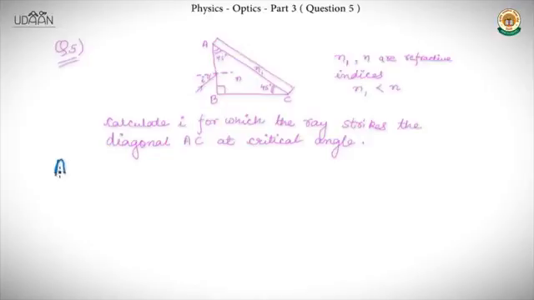Now, here we see in this question, the only thing we need to know is the value of a critical angle for a given pair of media. Let's first consider the ray diagram for the given question.